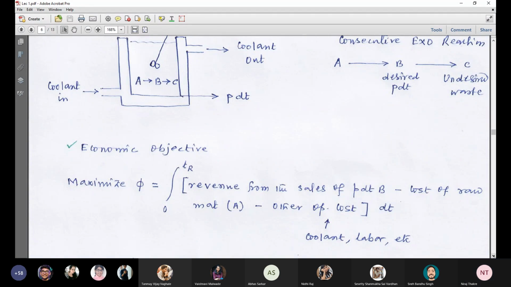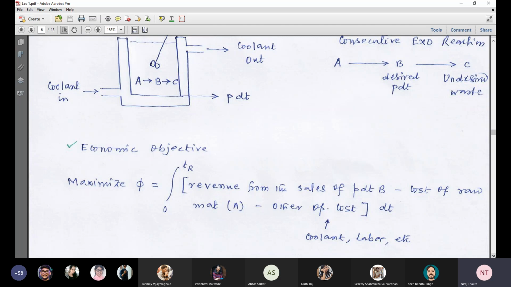Fine. So how much we earned by selling the product minus our expenditure. Here expenditure includes cost of raw material and other operating cost. Other operating cost means utility cost, coolant, steam, electricity, etc. And definitely labor, engineers, all are there.